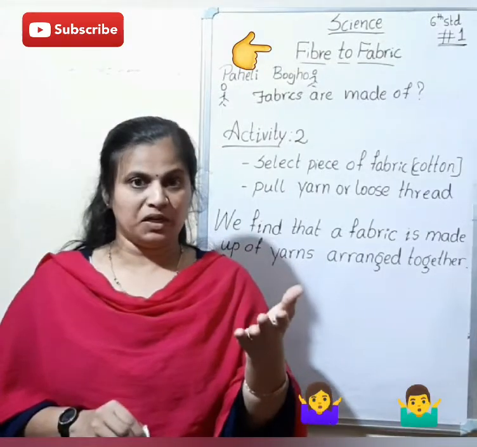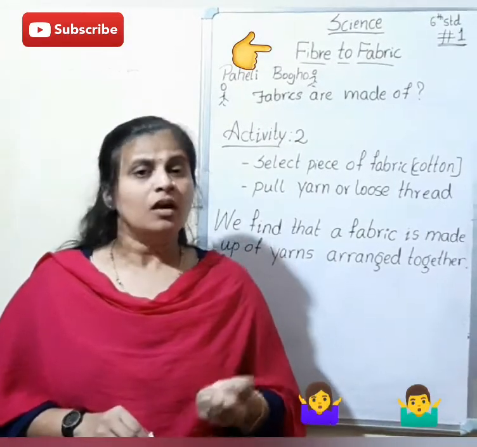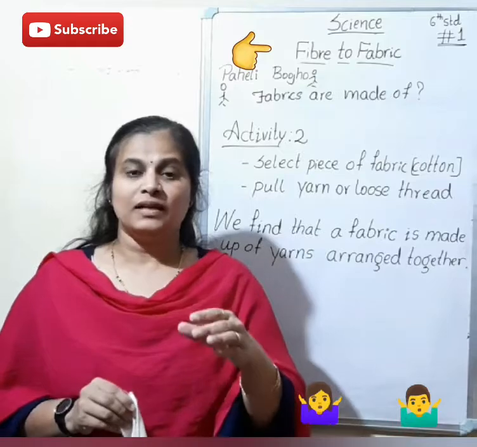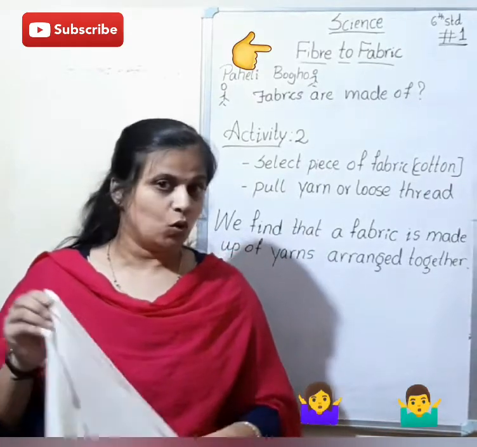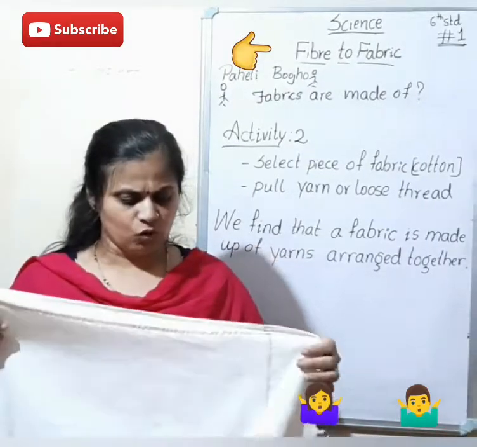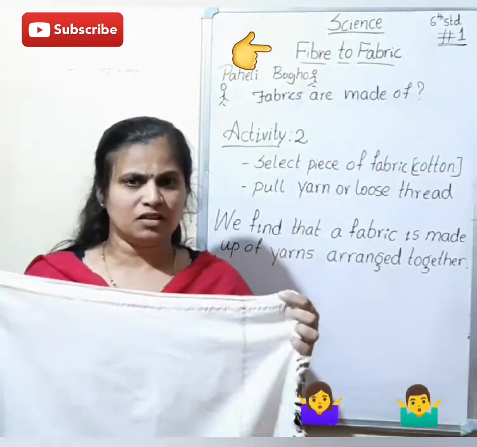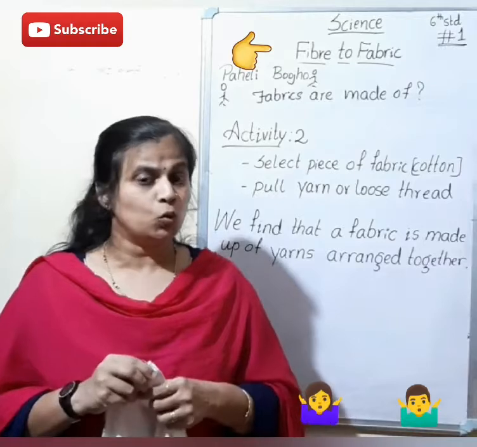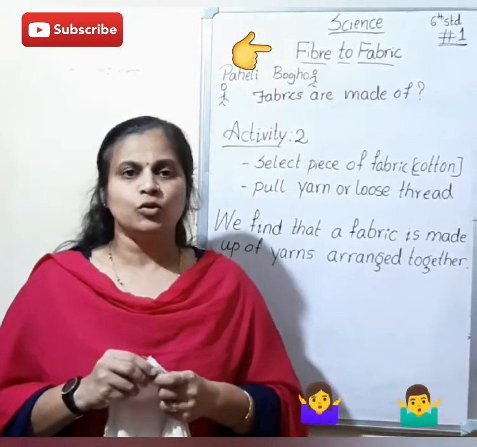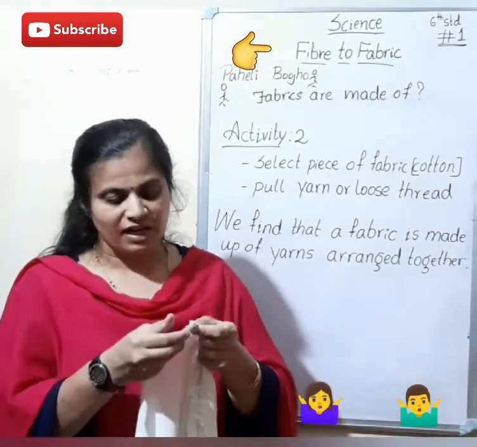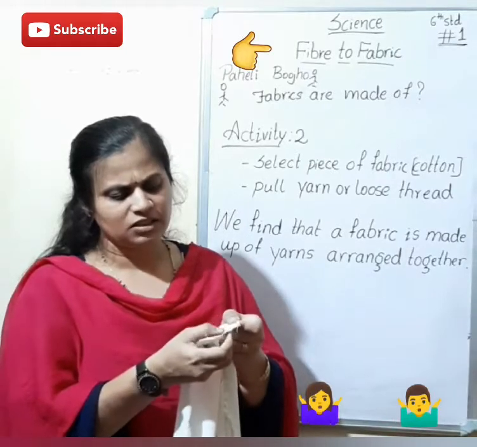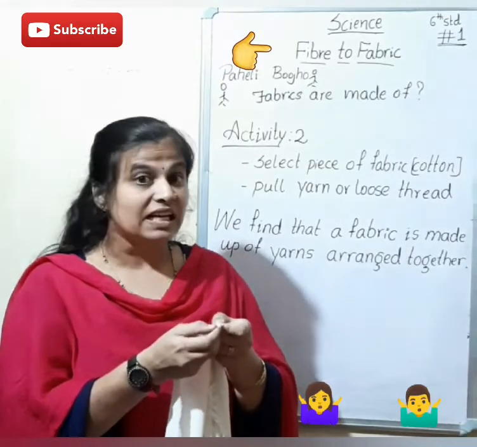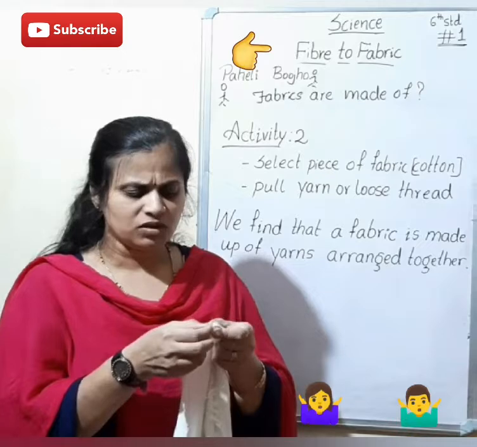As we did in activity 1, we collected some pieces of clothes. From that, collect one cotton cloth. When you look at it closely, it seems as if it is a continuous piece, but is it so? Let's have activity number 2 and find out. Look at it closely, and at the edge you will find loose threads.